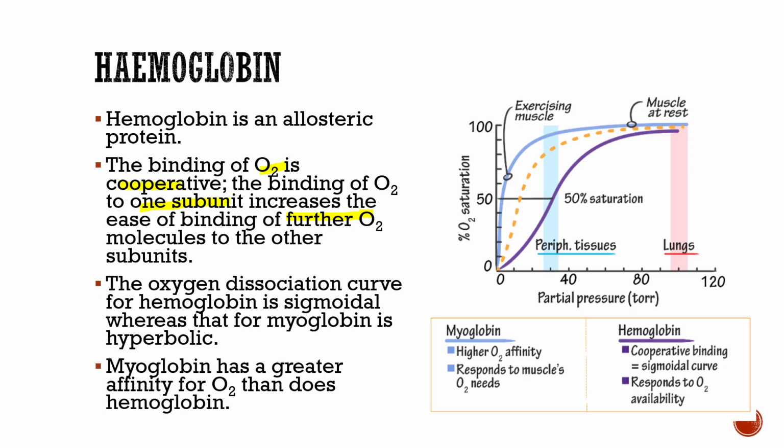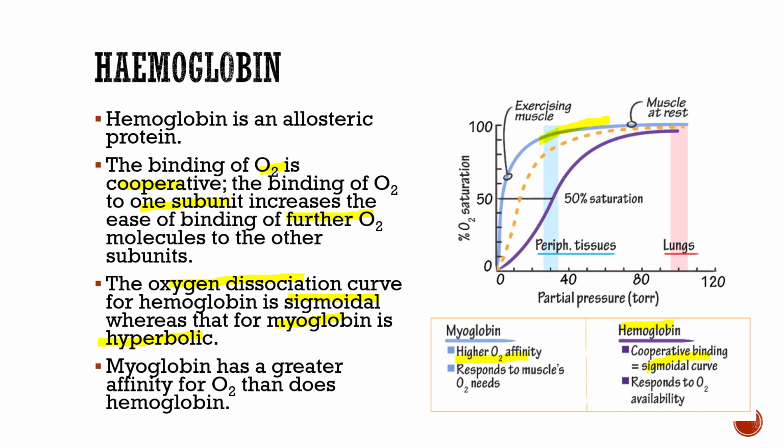The oxygen dissociation curve of hemoglobin is sigmoidal in shape, whereas that of myoglobin is hyperbolic in nature. You can see the oxygen dissociation here. Myoglobin has higher oxygen affinity, shown in the light blue color, and the pink color is the hemoglobin, which is sigmoidal in nature.